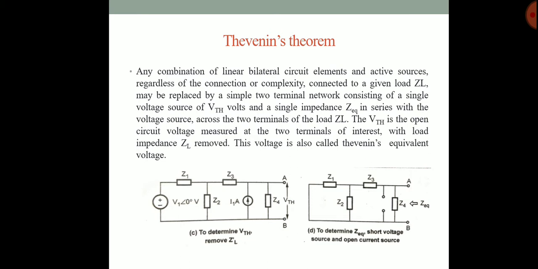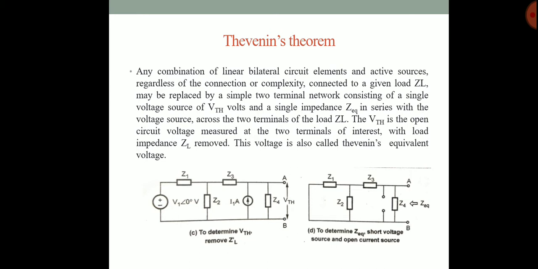So the Thevenin voltage is the open circuit voltage measured at the two terminals of the network, with the load impedance removed. This voltage is called the Thevenin equivalent voltage.